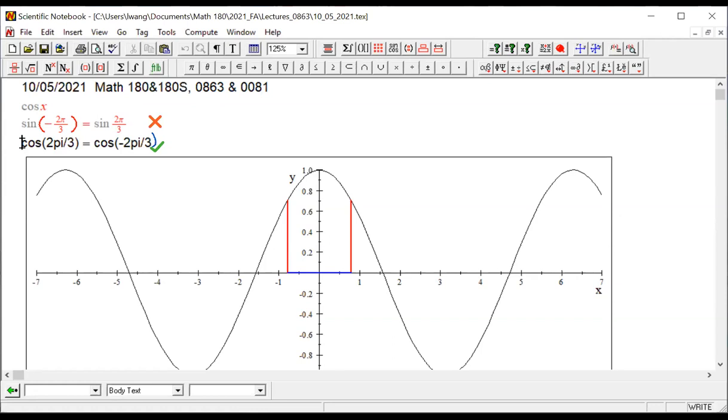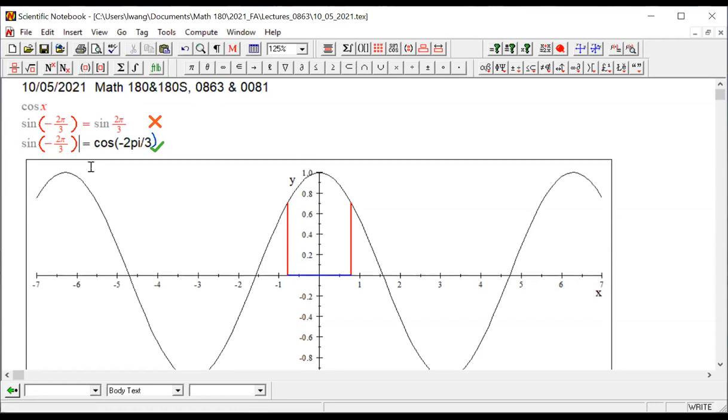The second one is correct. I'm just going to copy his, as is given.